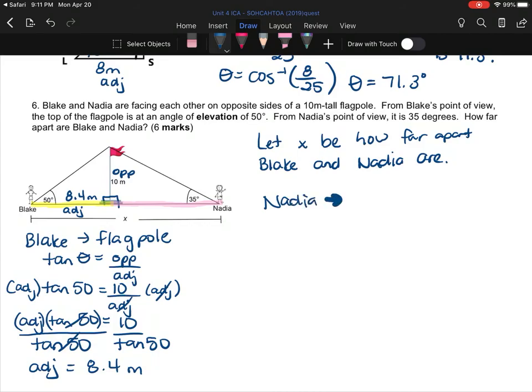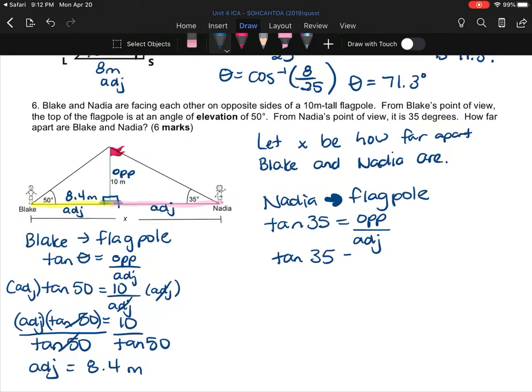Okay, so now we've got part of the X, but we don't have the full X. So now we're going to do Nadia to the flagpole. Okay, so again, that 10 is the opposite. We're going to do adjacent, but this time we are doing tan 35.